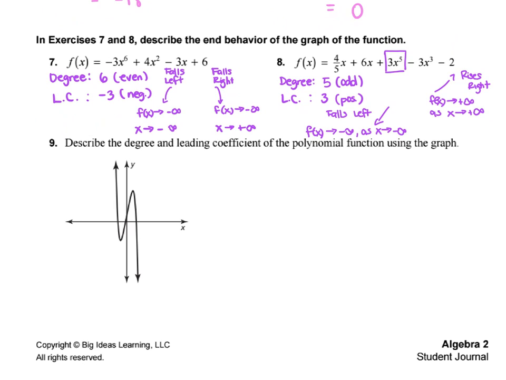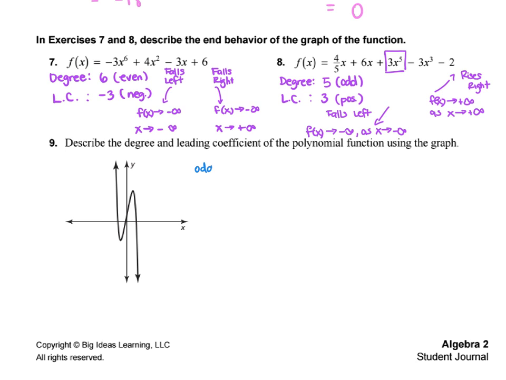All right, they want you to describe the degree and the leading coefficient of the polynomial function based on the graph, okay? So anytime you have tail ends that are doing the opposite, where one is going up and the other one's going down, automatically it has to be an odd degree, okay?